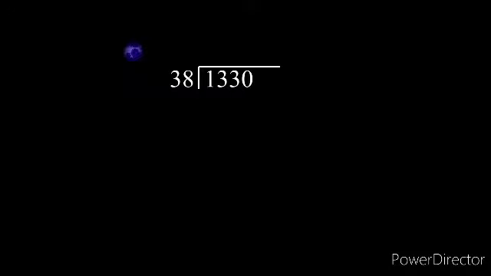Okay? So 133 divided by 38, class. Okay, 3. So 3 times 38, how much, class? Okay, 114. We will subtract this: 133 minus 114 equals 19.